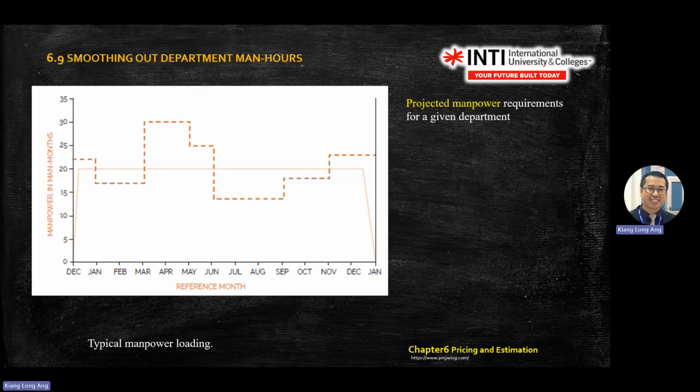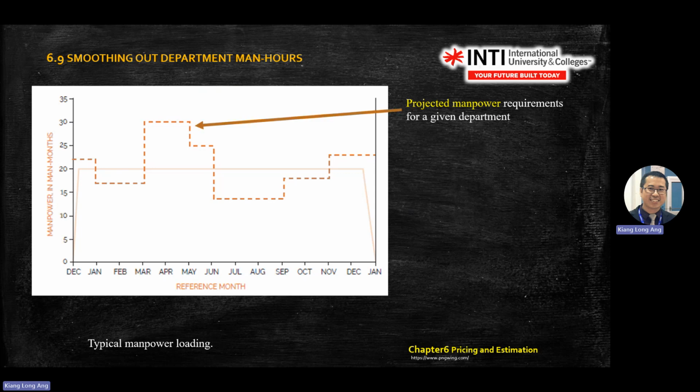Okay, so let's say this is the graph, the chart to explain the department man hours. On the y-axis is manpower in man months: 5, 10, 15, 20, and so on. Then December to January. So projected manpower required for a given department.